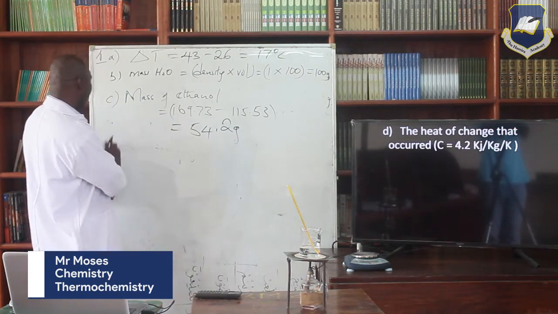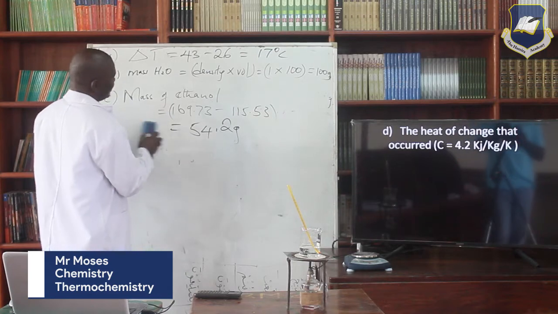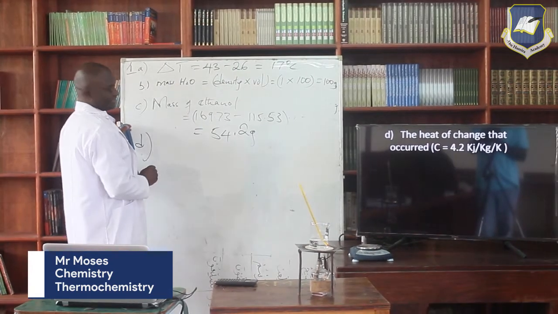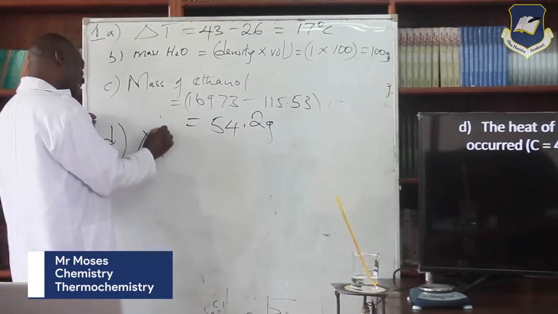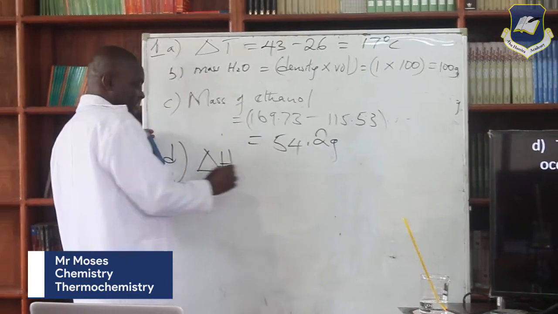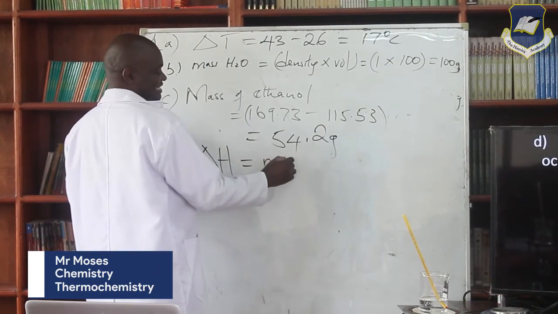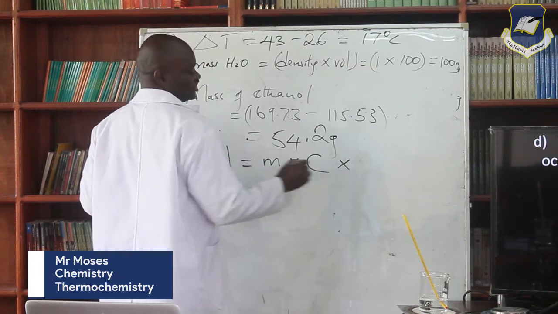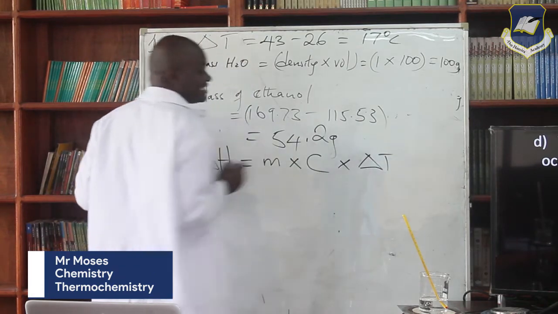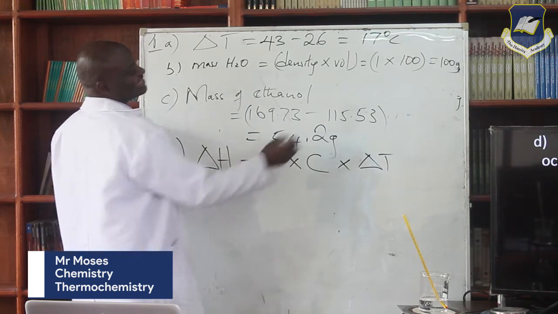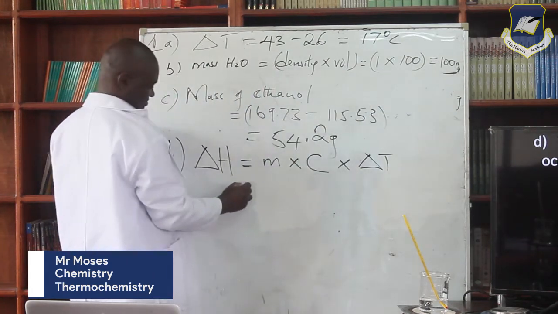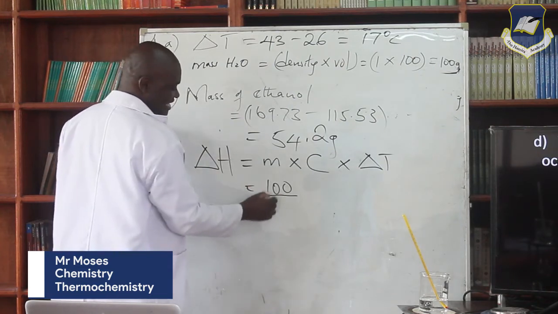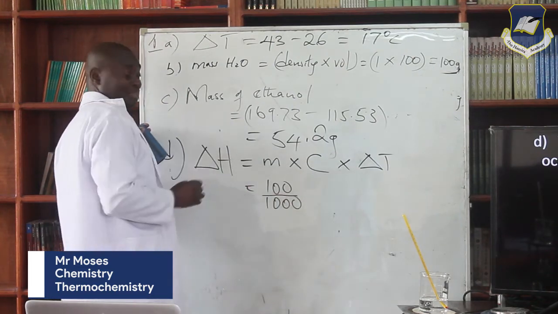Now say that part E, heat change, that is enthalpy change, should be mass times specific heat capacity times change in temperature, delta T. The mass is the mass of water, which is 100, and it must be in kilograms.